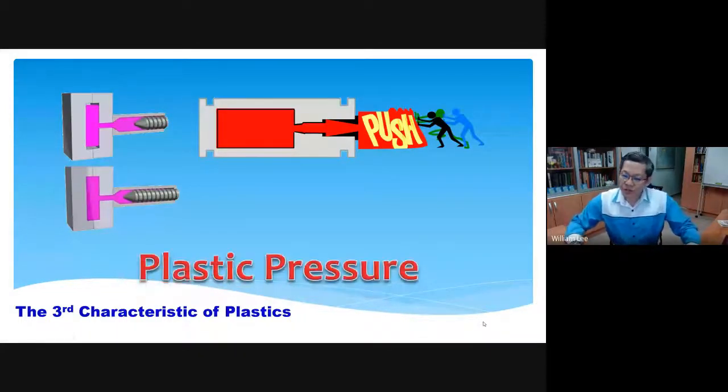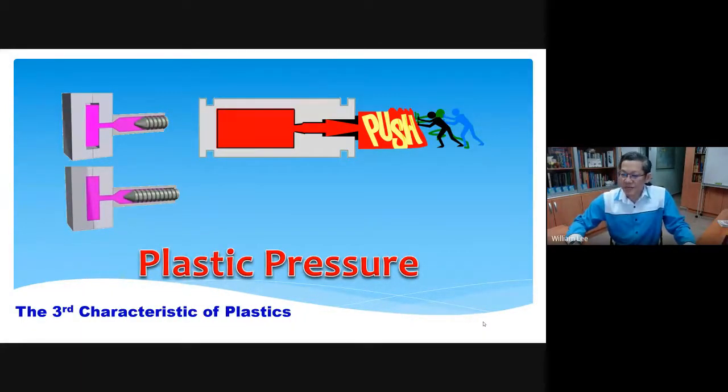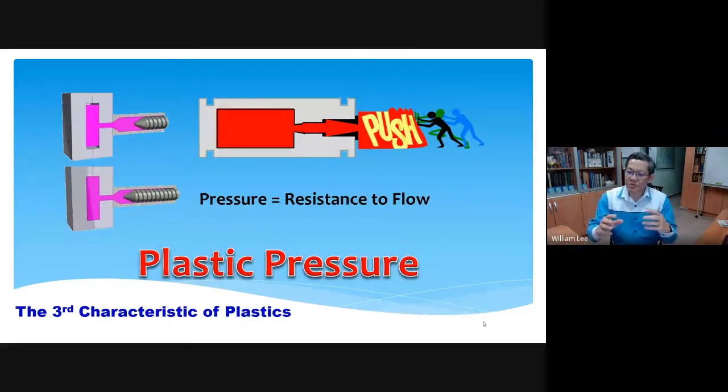The third characteristic is the plastic pressure. Since I mentioned that you need to also pack the material, what is pressure? Pressure is a resistance to flow. That means when the plastic doesn't move, it will build up internal pressure.